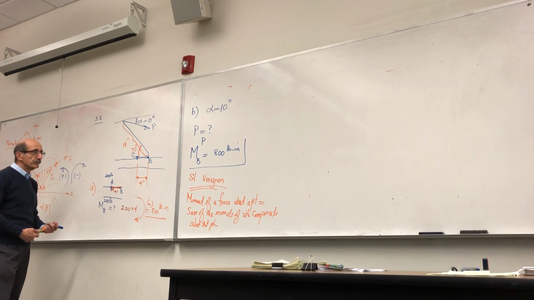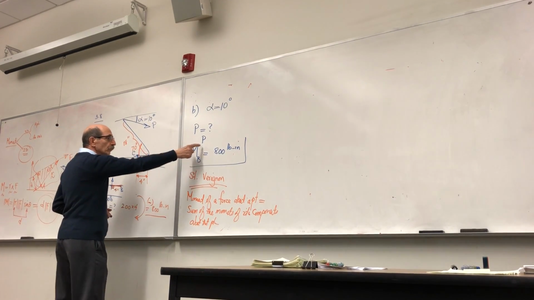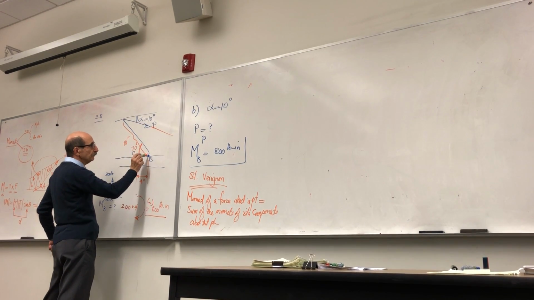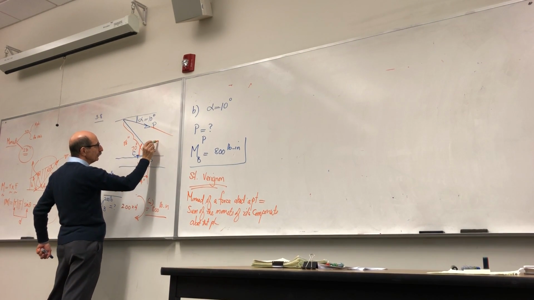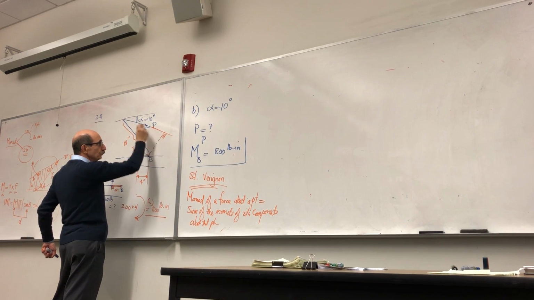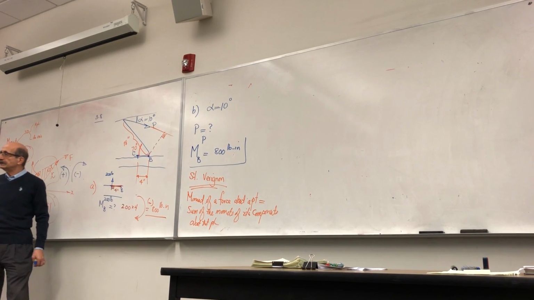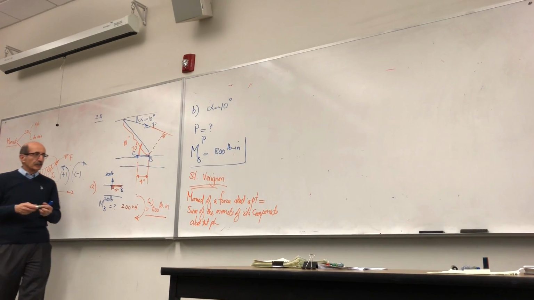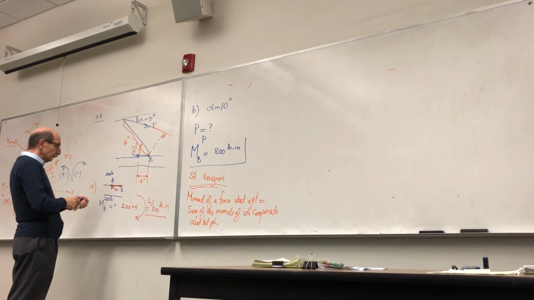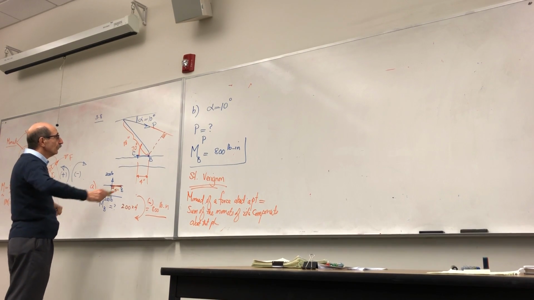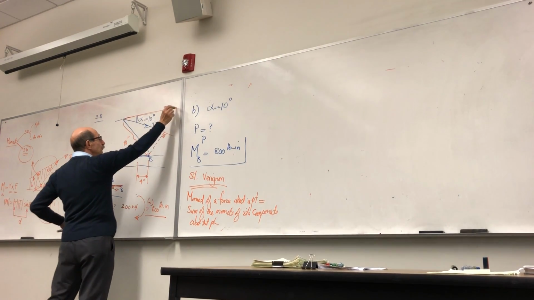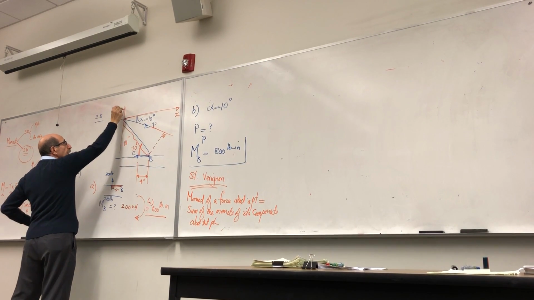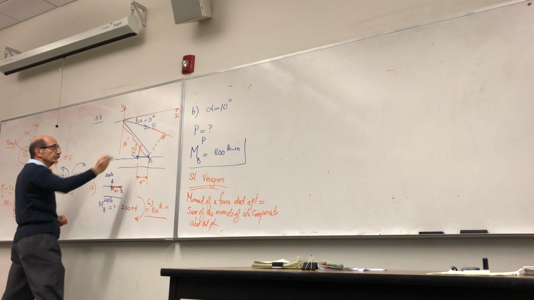What does that mean? You want to find a moment of this force about point B, which means you have to find this vertical distance from this point to the line of action of the force. That's not easy. It involves at least a little bit of geometry. But he said, if I use Mr. Varignon's theorem, I would resolve this force into its components first.